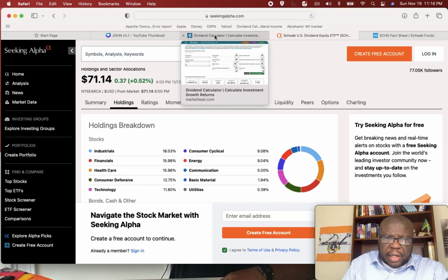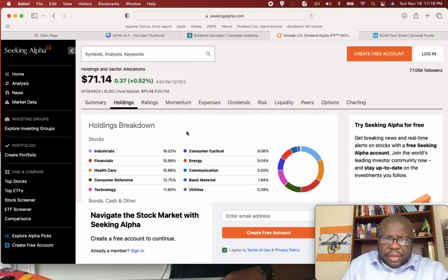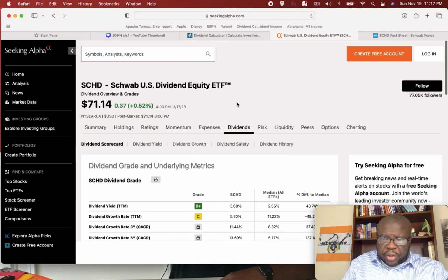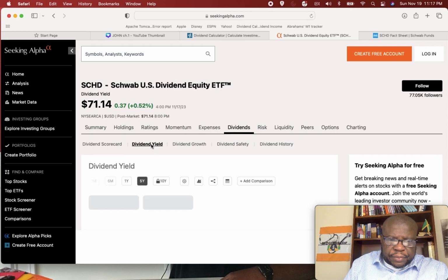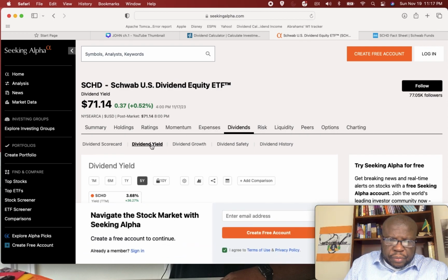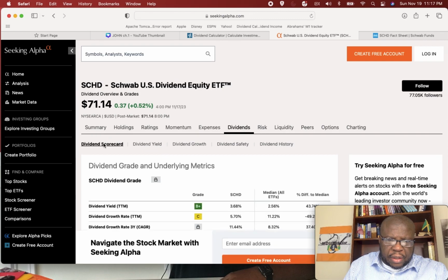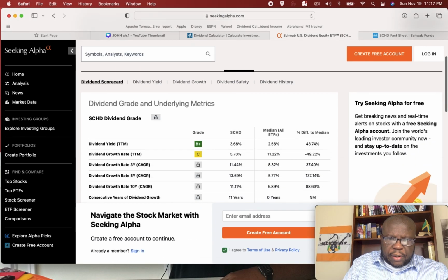Before we look at the dividend calculator, let's look at the dividends, because that's going to be a key. Let's look at the dividend yield. So right now, it's about 3.68% dividend yield. That's a trailing 12 months. Now the dividend growth rate.